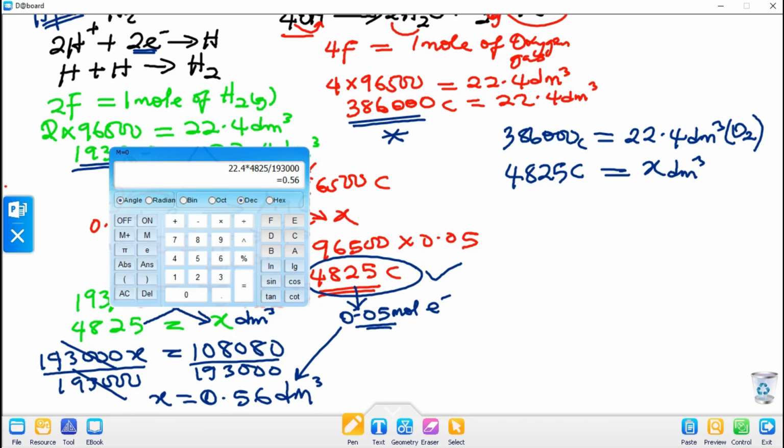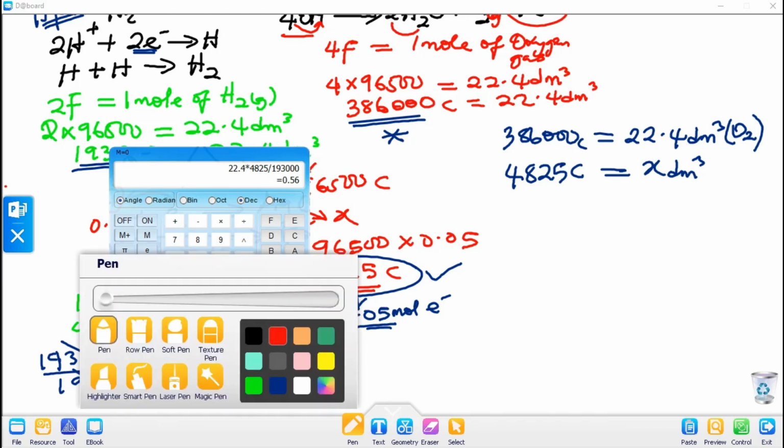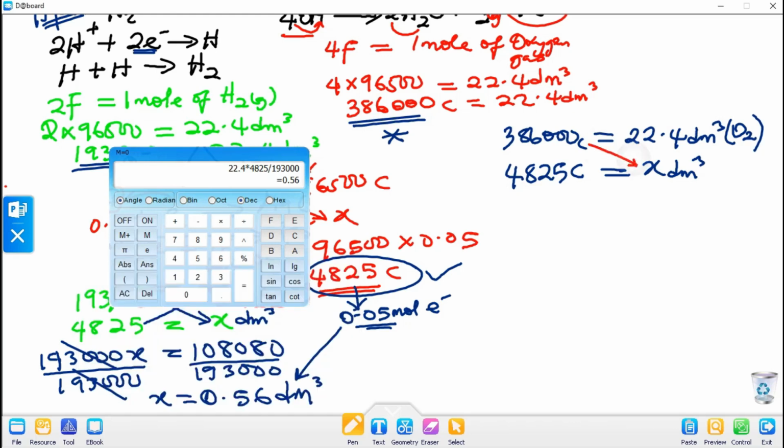So let's proceed. To know the volume of oxygen that will also be liberated, we cross multiply. 386,000 times x, then 22.4 times 4825. That's how we cross multiply. So 386,000 times x will give us 386,000 x equal to 22.4 times 4825.